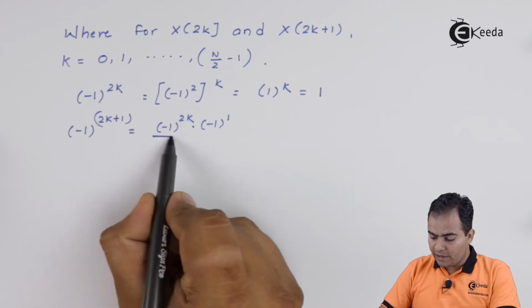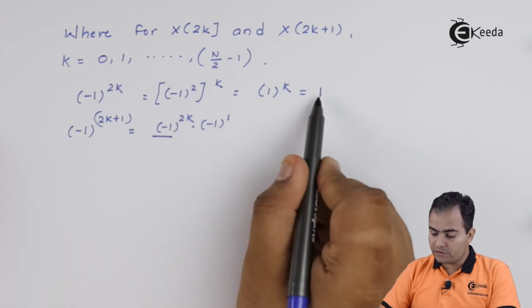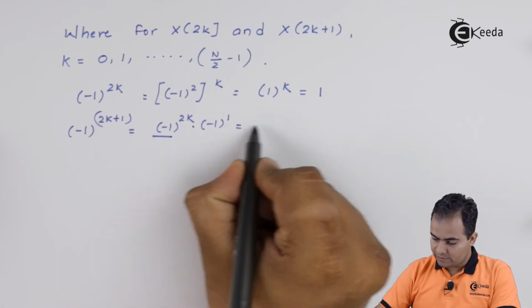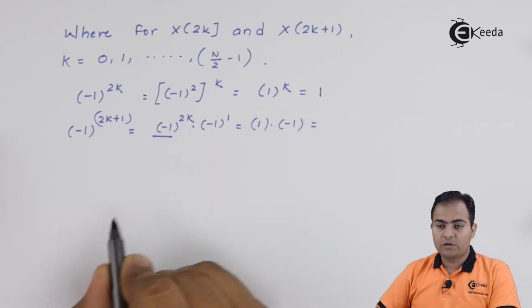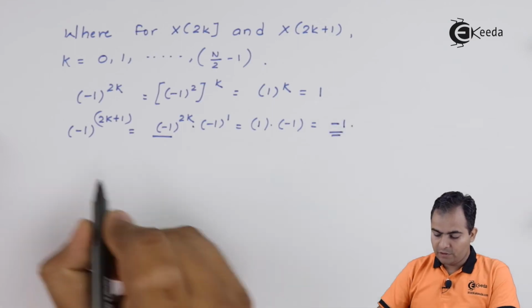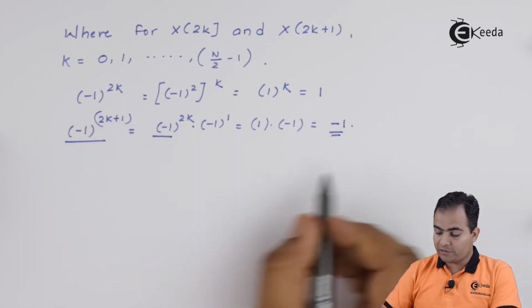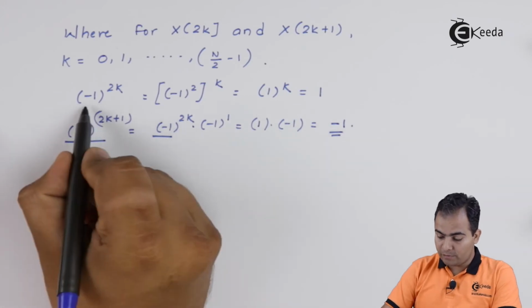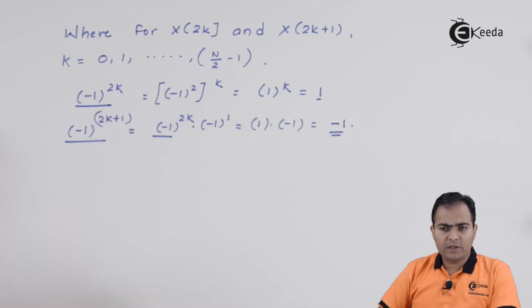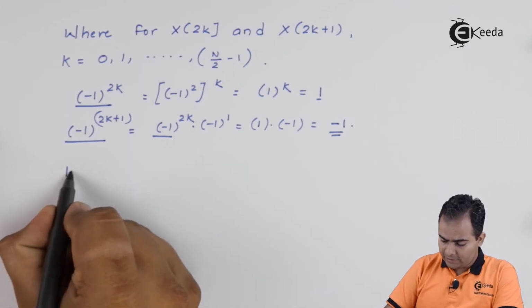Now we have already calculated minus 1 raised to 2k value, which was 1, and minus 1 raised to 1 is always minus 1. So 1 into minus 1, the answer is minus 1. So minus 1 raised to 2k plus 1 is replaced by minus 1, whereas minus 1 raised to 2k is replaced by 1.